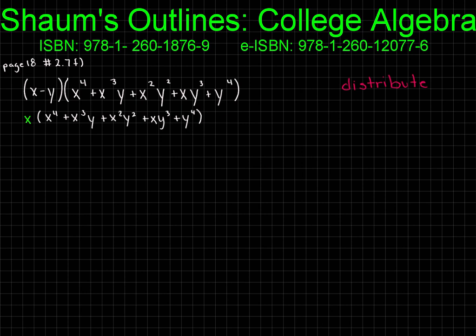Then we're going to distribute the y, negative y, to the same expression. X to the fourth plus x to the third y plus x squared y squared plus x y to the third plus y to the fourth.